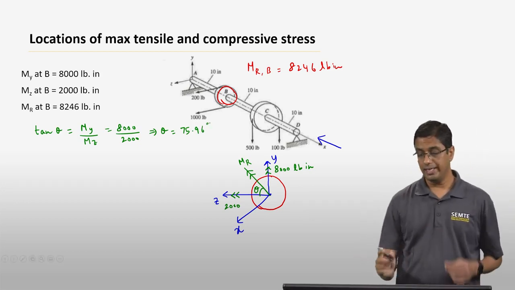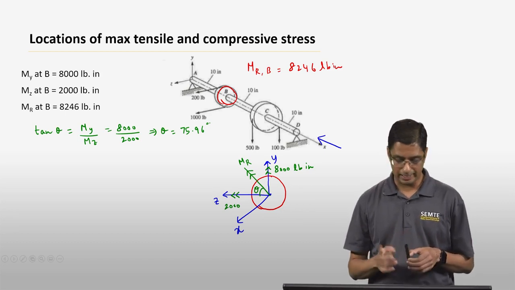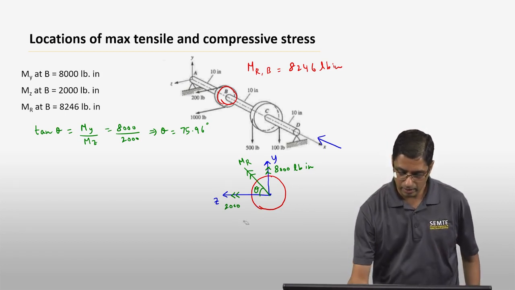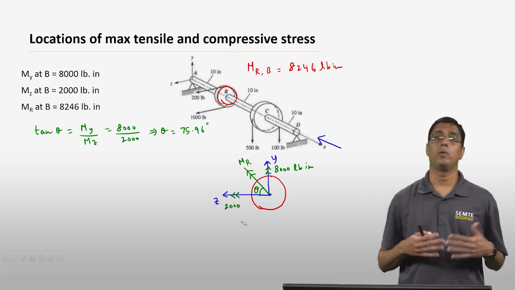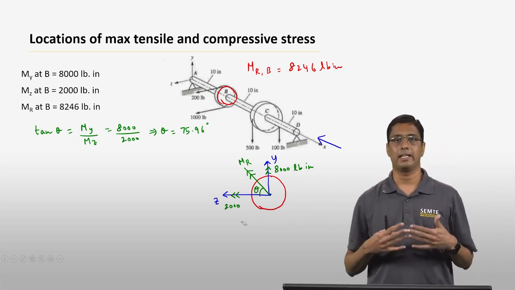Okay, so this theta is going to be 75.96 degrees. Okay, so now I'm going to actually erase this x because we have to find out what are the points where you have maximum tensile and compressive stress.